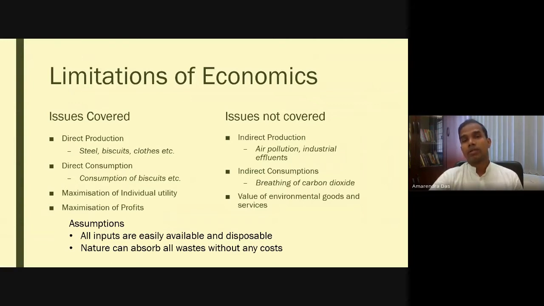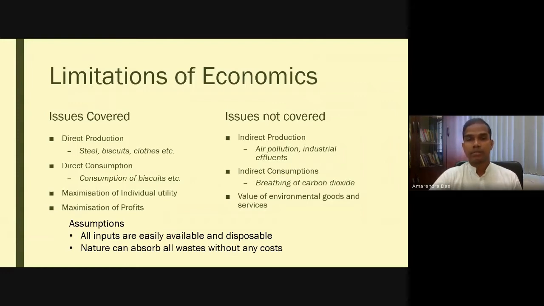They do not look at the indirect productions that they make while producing those commodities, for example, the air pollution, the industrial effluents, and many other wastes that are generated while producing the steel.